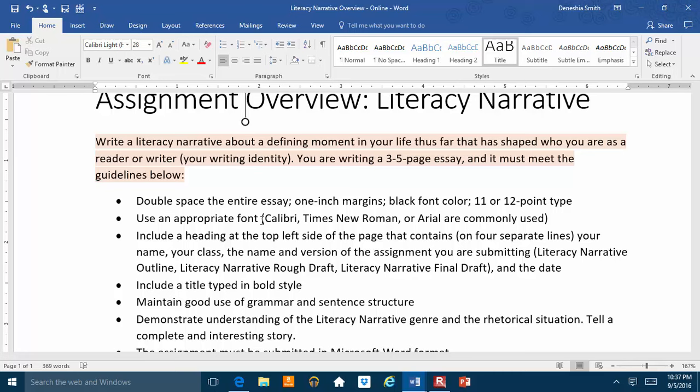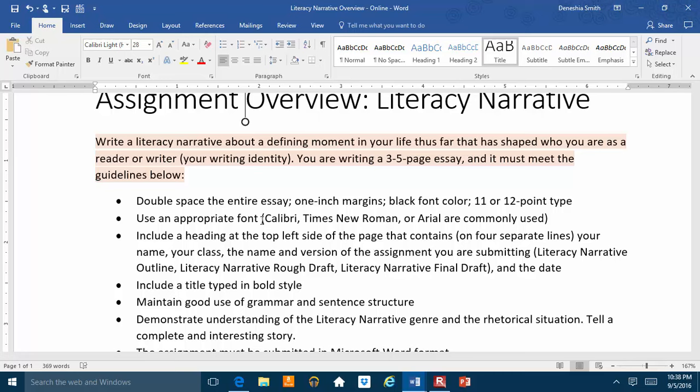Okay, keep in mind that this doesn't necessarily have to be a happy story, right? Maybe you had a negative experience and that's kind of shaped who you are. And so you want to make sure that you're being honest, that you're thinking through what one of those defining moments could be, and that you're being honest about that, and that you're writing about that experience.